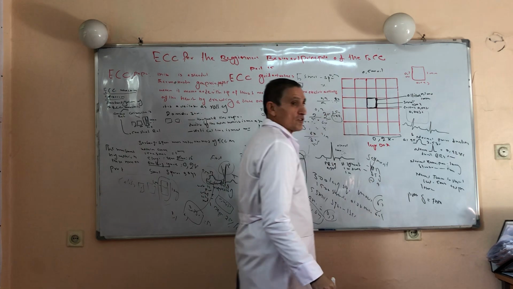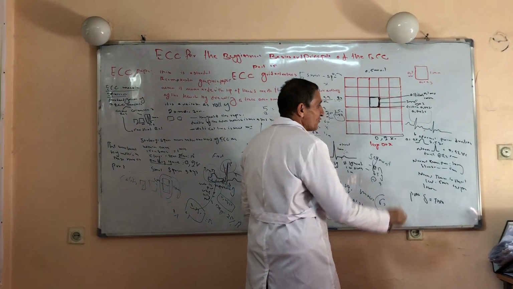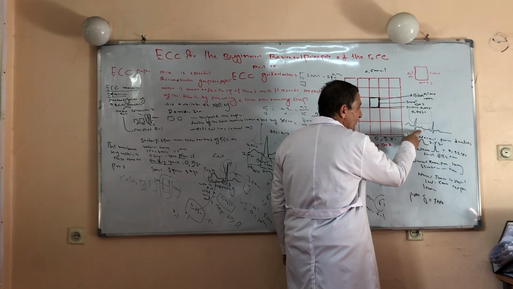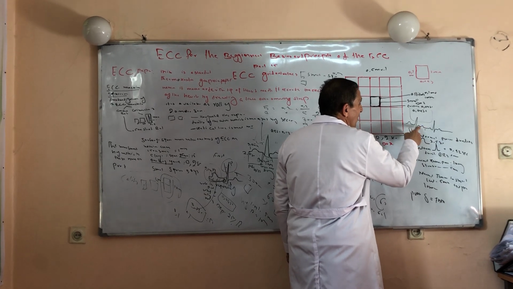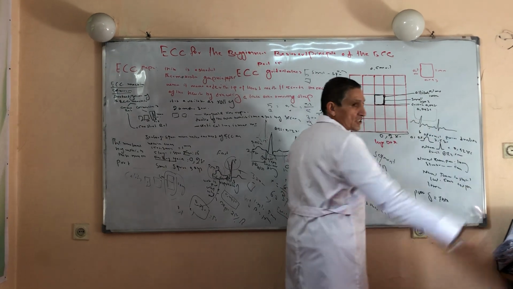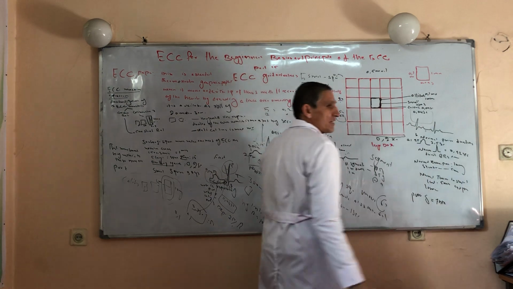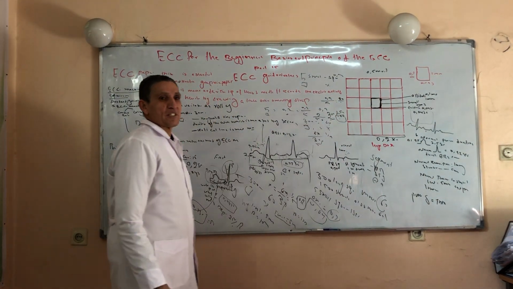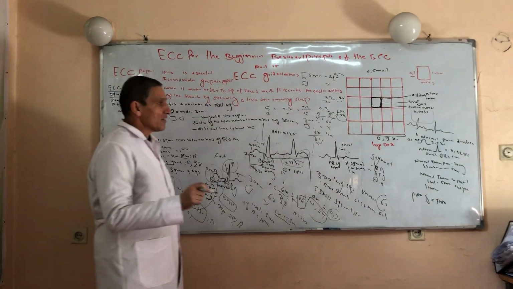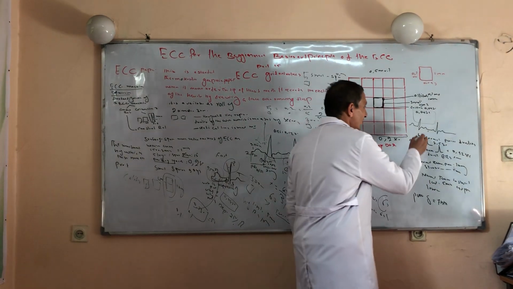Now these are 2 cycles. The TP segment intervenes between the end of the T wave of one cardiac cycle and the onset of the P wave of the next cardiac cycle. The clinical role of the TP segment is that it does not show any change, and therefore it is used for measurement of the waves, segments and intervals.